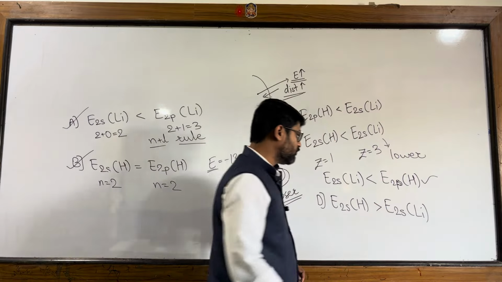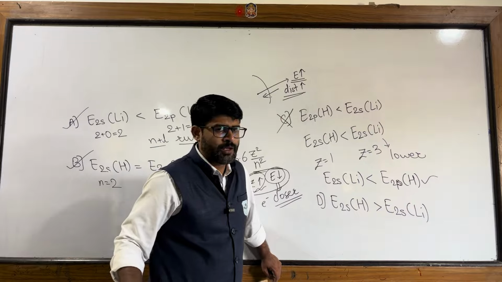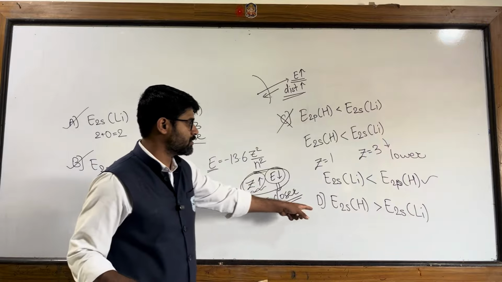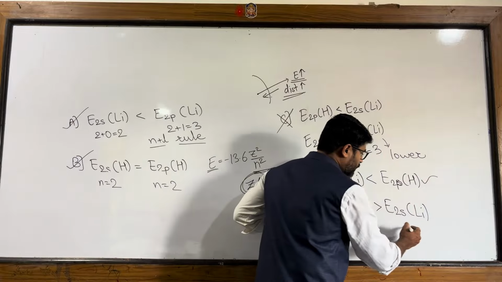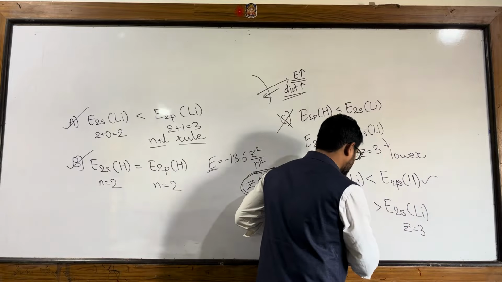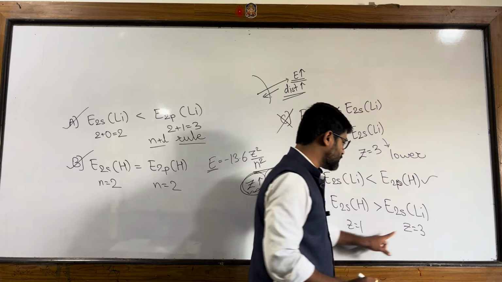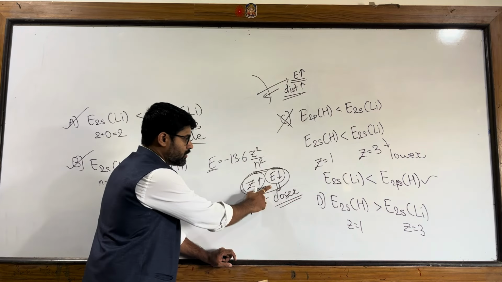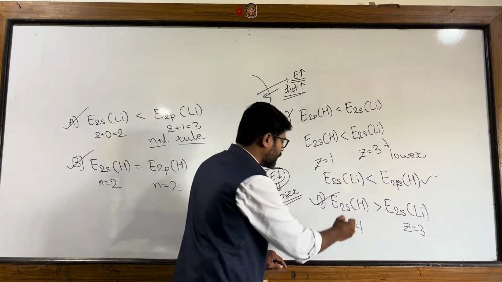Using this logic, as Z increases, energy decreases. The value of Z is 3 for lithium and 1 for hydrogen. As Z increases, energy decreases. So this option is obviously correct.